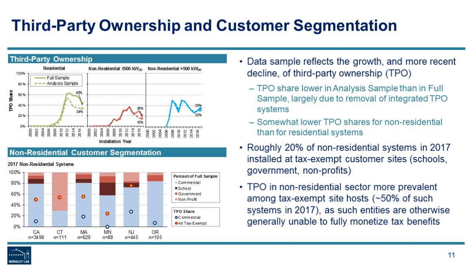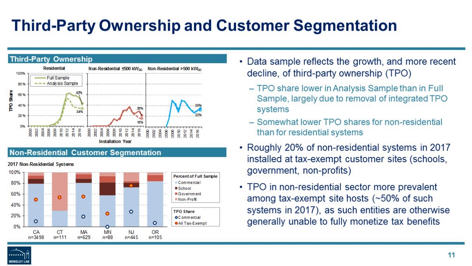So turning here to trends in system ownership and host customer segments, on the top, we see how the TPO share has risen dramatically across our sample and then more recently began to decline as other financing options have become more widely available, and this certainly mirrors the broader market trends.